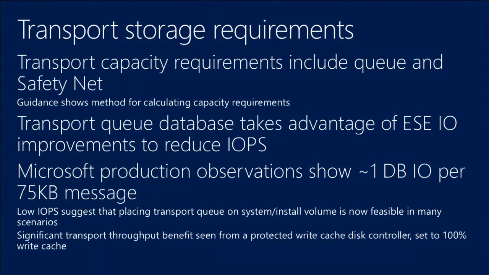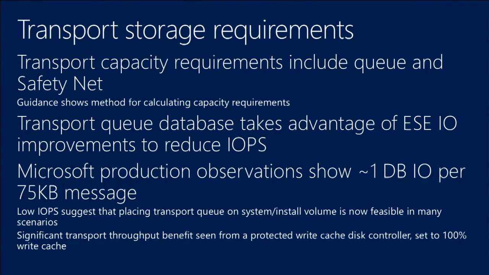But the key thing to note here is that because that number is really low, because we're only looking at about 1 I/O per message, we think that as a best practice, most customers are going to be able to deploy their transport databases on their system drive, or basically in the Exchange install path that's typically on the system drive, rather than having to dedicate storage specifically for transport. That's how we do it internally for Exchange Online and in our own MSIT deployment, and it works great.